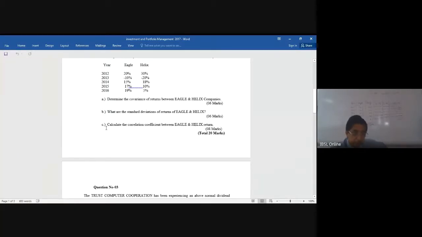Now you need to calculate the correlation coefficient. There's a formula for that. The correlation coefficient is calculated by dividing the covariance by the two standard deviations. So that is covariance EH divided by sigma E into sigma H. We have calculated the covariance, that is 162.08.